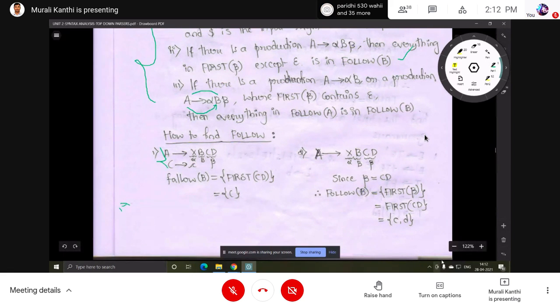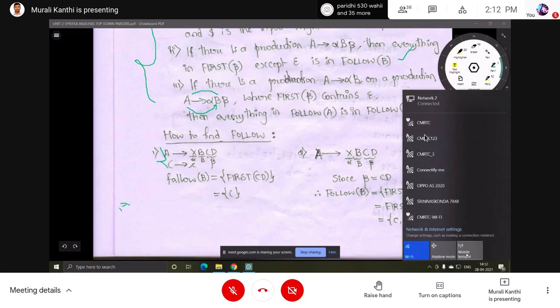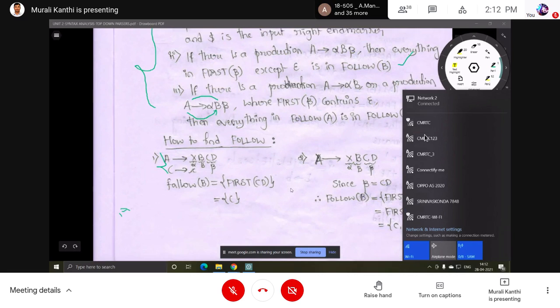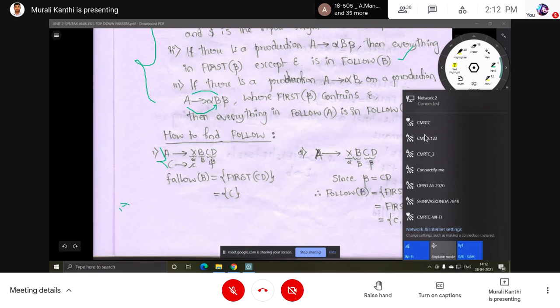In this case, what is after B? After B, C D is there. Then for follow of B, what is the rule? The second rule says follow of B is first of beta. So first of beta means first of C D. Here D does not have a production, so simply remove that.